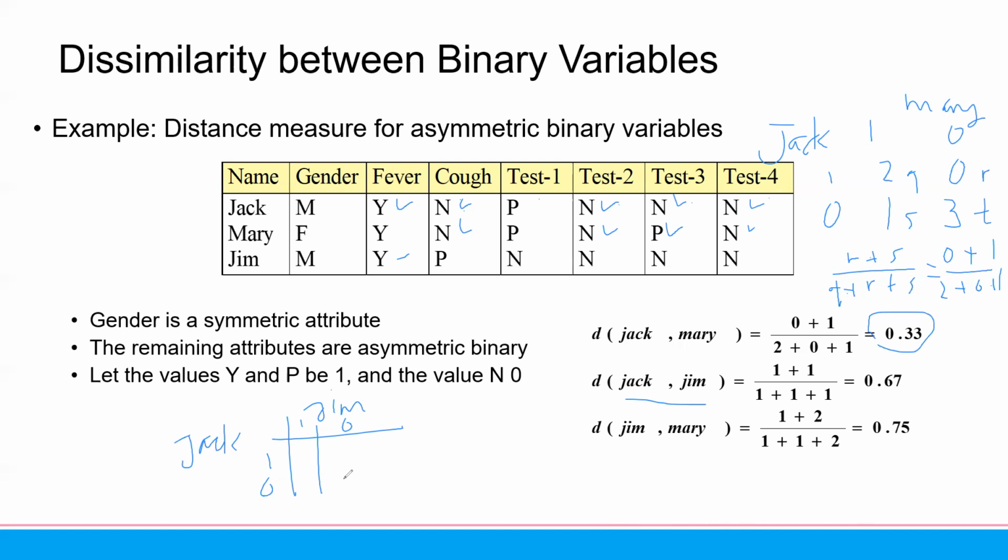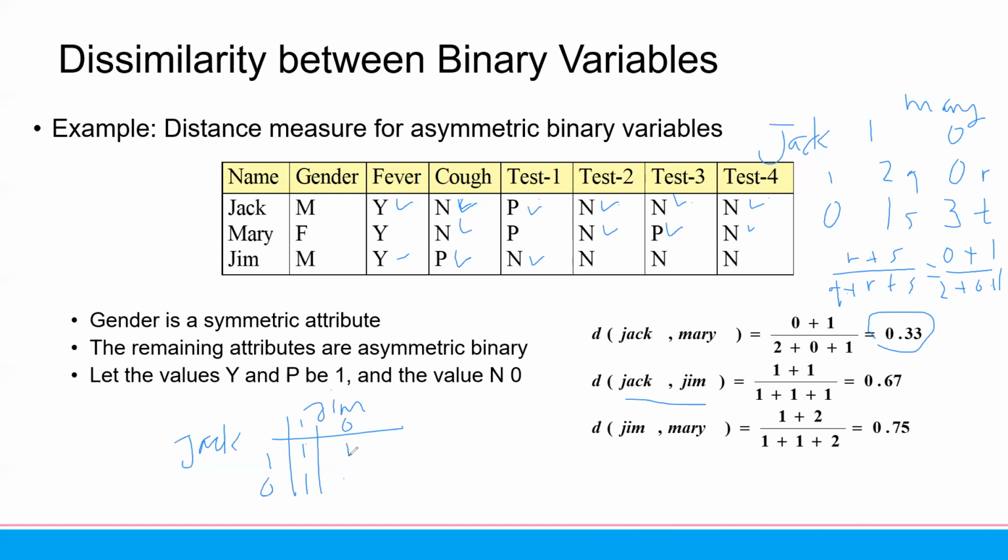It seems we have only one for this one, and then Jack is positive and Jim is negative, so we have 1.